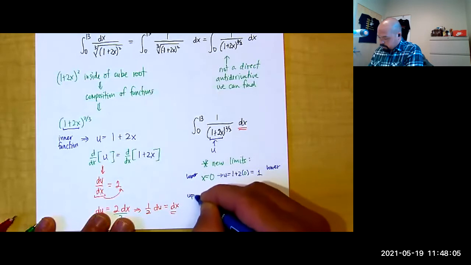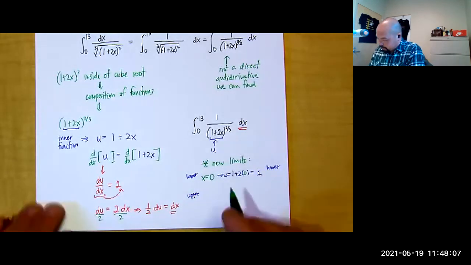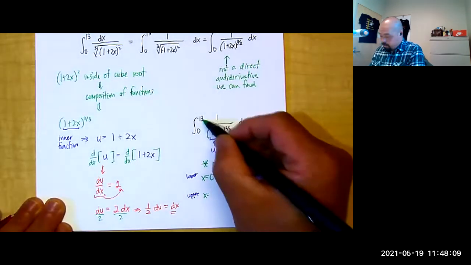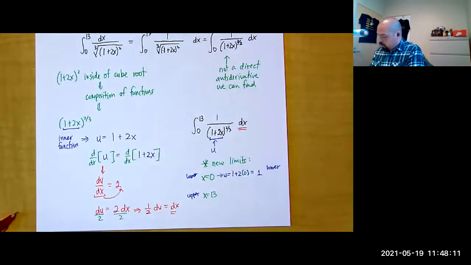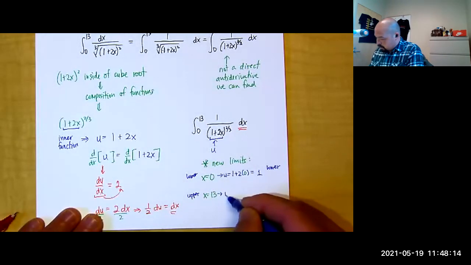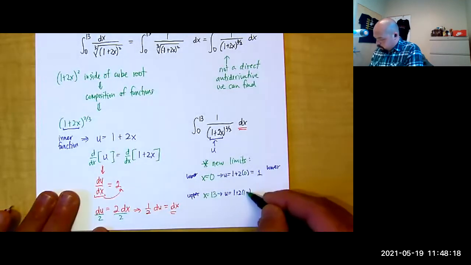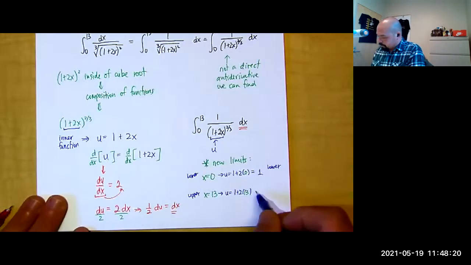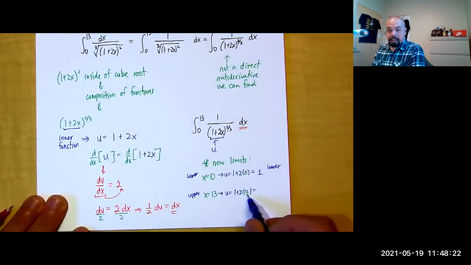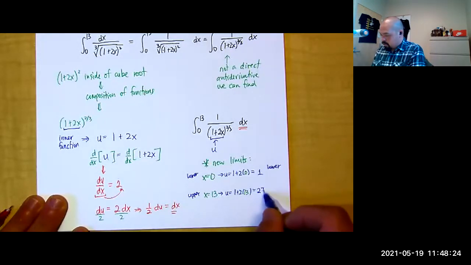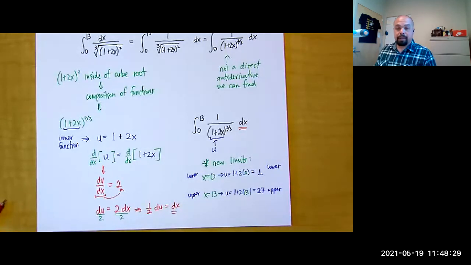For my upper limit, when x is equal to 13, u, 1 plus 2 times 13, 2 times 13 is 26 plus 1, 27. There's our new upper limit.